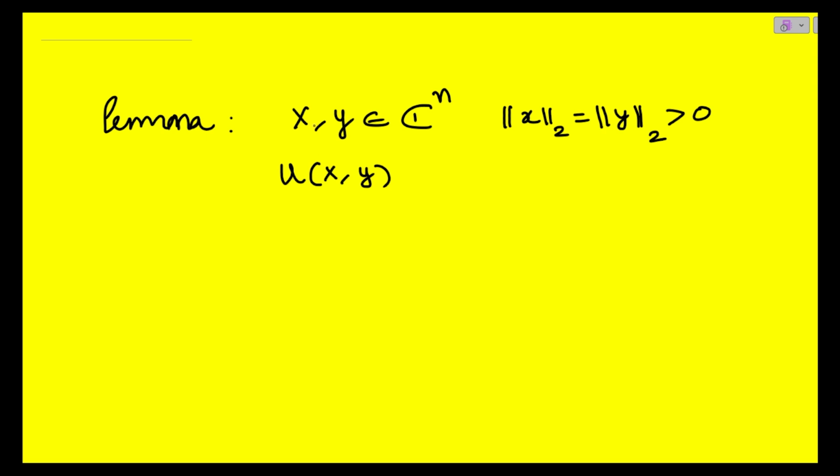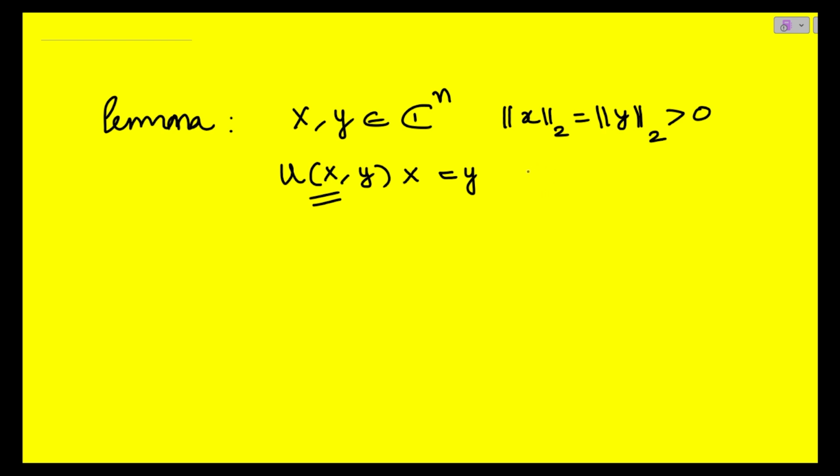It is specific to this x and y that we have now. So there's a unitary matrix which is just going to do a linear transformation on x and take it to y. So this is the lemma. The lemma states that there is a unitary matrix which can do this.